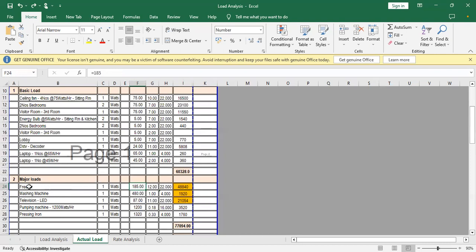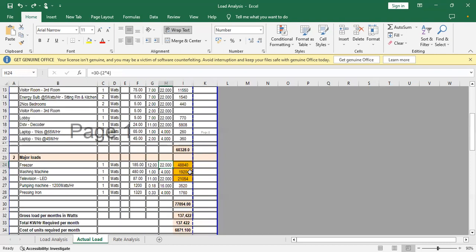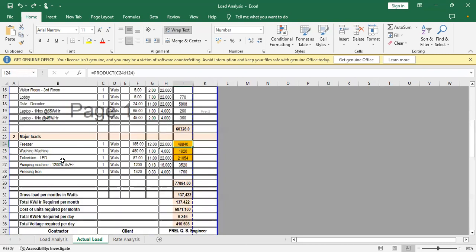So let's say you run your freezer for 12 hours in 22 days. That will give 48,840 wattage. So the same thing applies for washing machine. Let's say you use washing machine every weekend for 1 hour. So that will give 1,920 wattage.